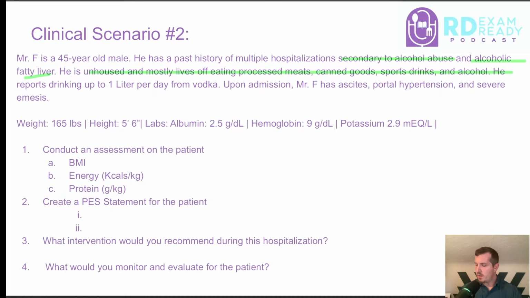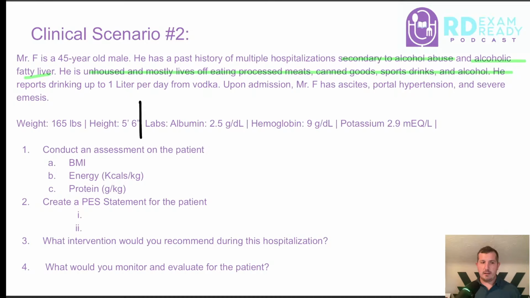All right. So with his weight, he's 165 pounds, height 5'6", labs of albumin 2.5, hemoglobin of 9, and potassium 2.9. Let's start with these labs really quick first. Tell me, folks, albumin, high, low, normal. Hemoglobin, high, low, normal.